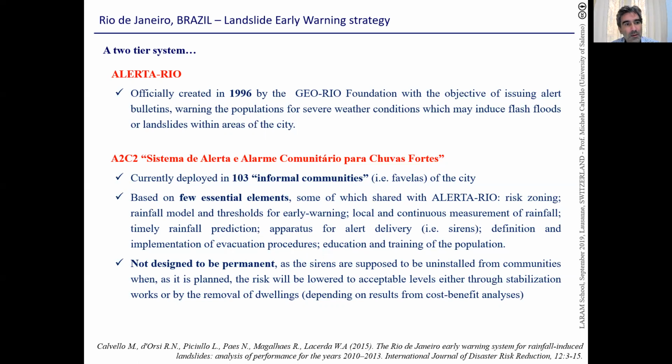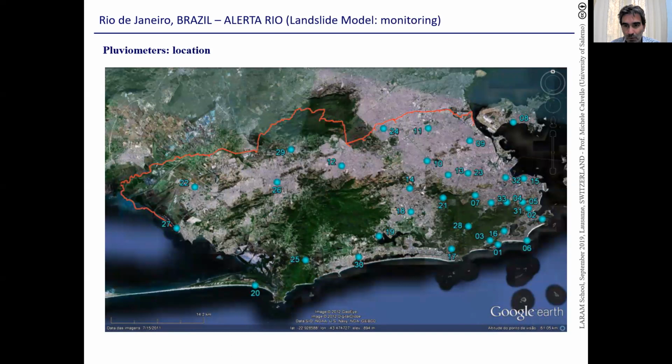Anyway, in the city of Rio de Janeiro, we have many pluviometers installed throughout the city. Here you see a satellite picture. You cannot understand very well the morphology, but I can tell you that this is a forested area with slopes, and you can see that at the boundaries of this area there are many communities.